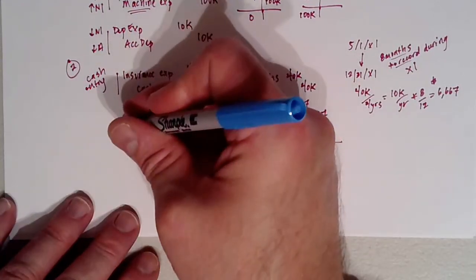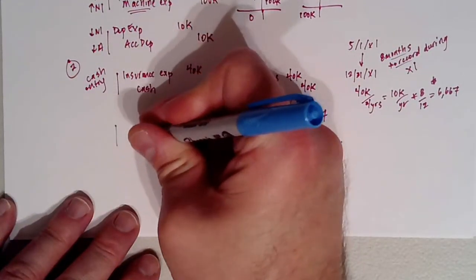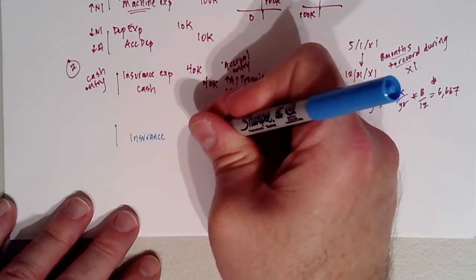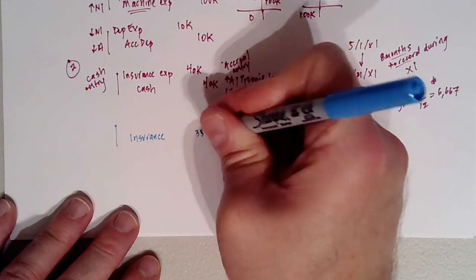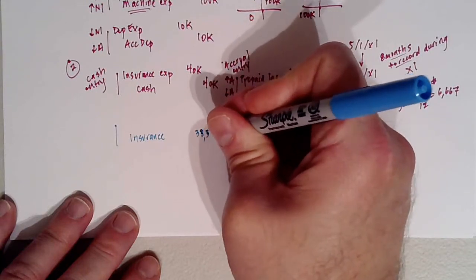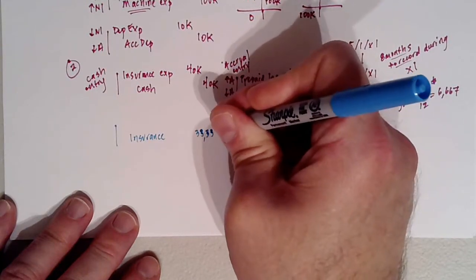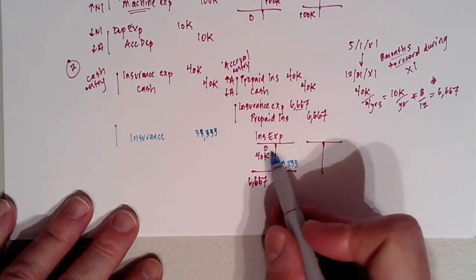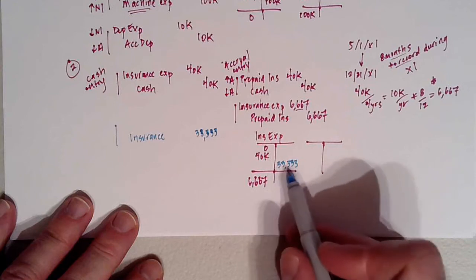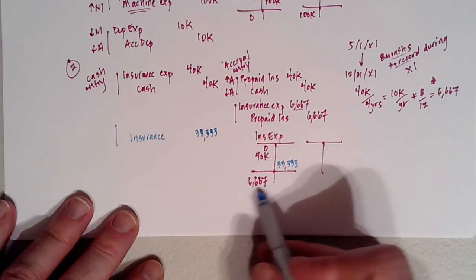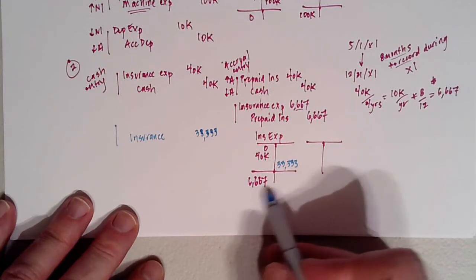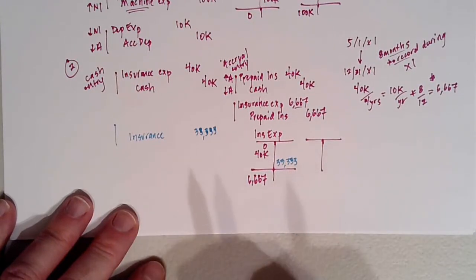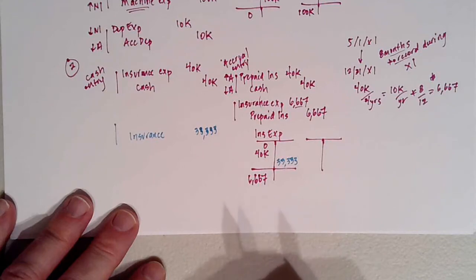So we're going to reverse not the entire expense, but only the amount of expense that will give me what I desire. So we already had 40 in there. Now we're crediting it by 33,333. We're getting now 6,667, what we desired.